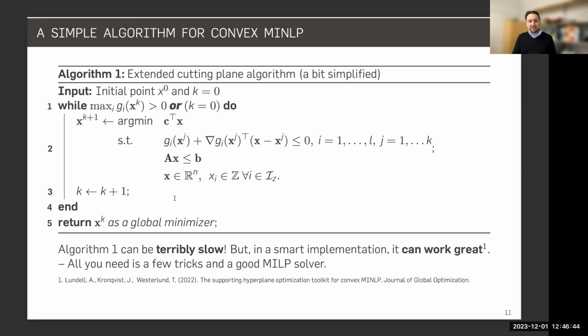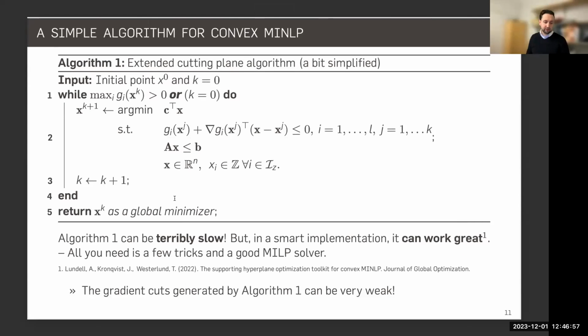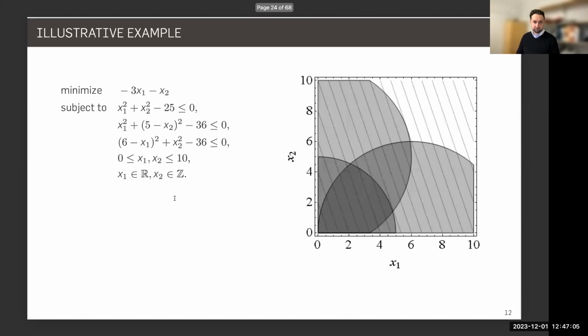So the basic algorithm isn't great, but with a few small tweaks, you can really make this work very well. And this is also described in more detail in the following paper. But an important thing to mention here, which is a drawback of this algorithm, is that the gradient cuts that we are generating here can be very weak.